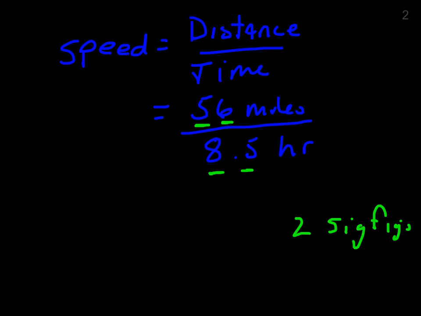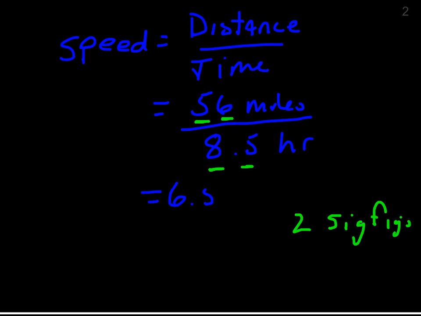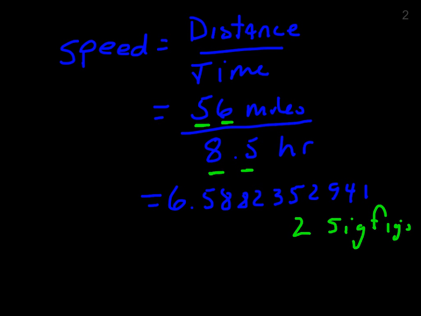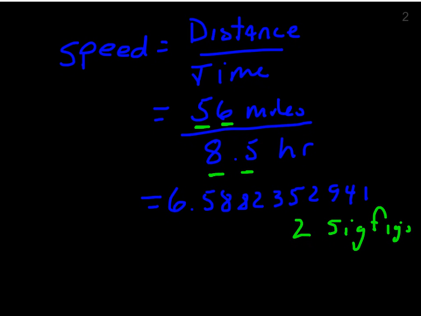Alright, so here we go. Throw this number in the calculator. 56 divided by 8.5. The answer that shows up on my calculator is crazy. It's 6.588235294412. Now, that number is absurd because the measurements going in to make that number were nowhere near that precise. So what do I got to do? Round it off.